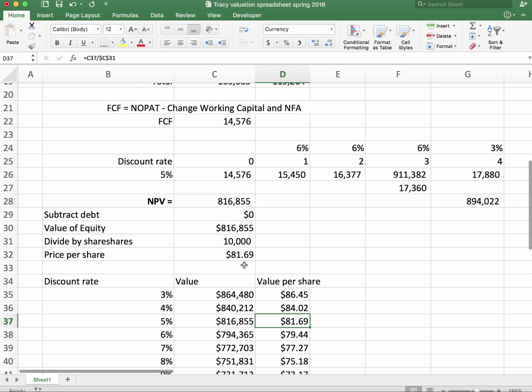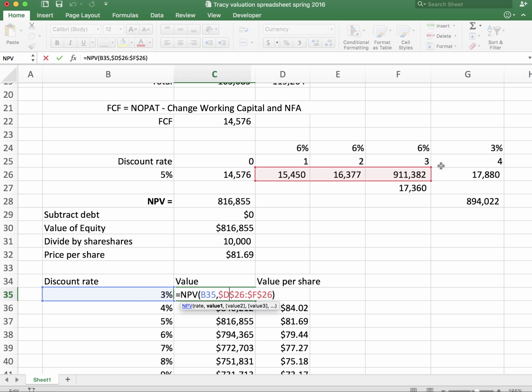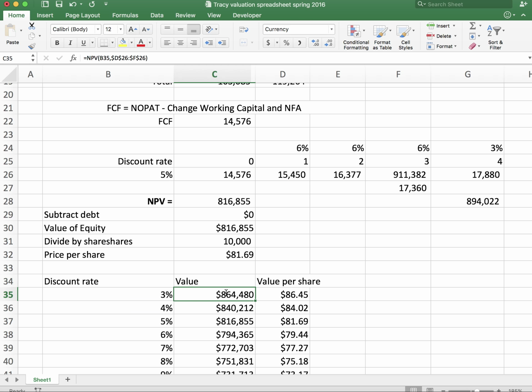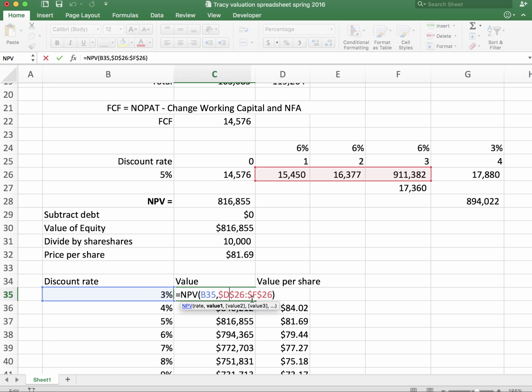Now the way I did this was I simply took this value of the equity of 864 and calculated the new net present value. So I've got a new net present value here, and I did it for different discount rates. So I just calculated for all the discount rates. As you see in this 864, everything's a dollar sign, doesn't change, except for B35.